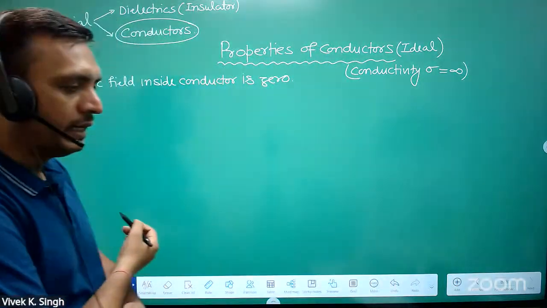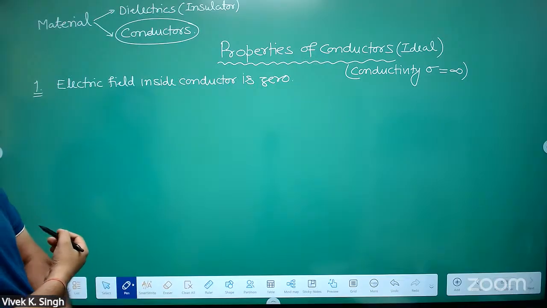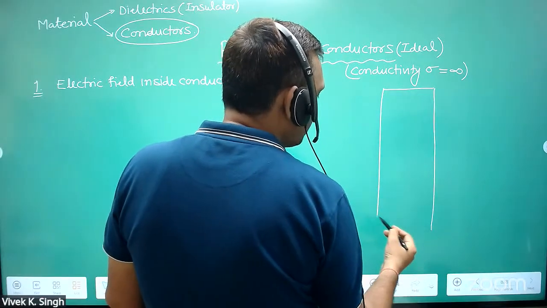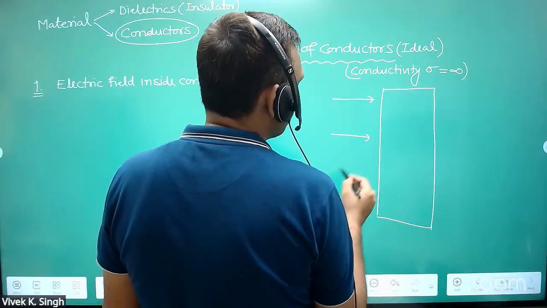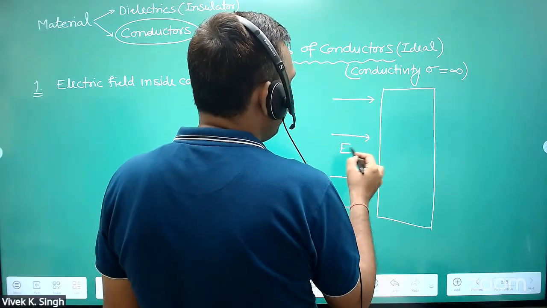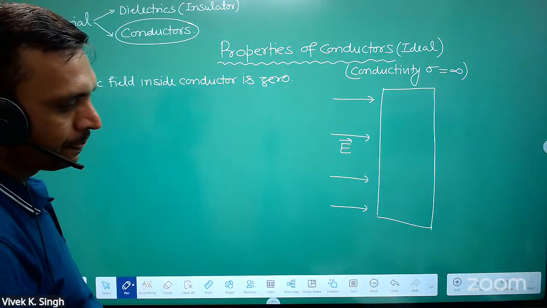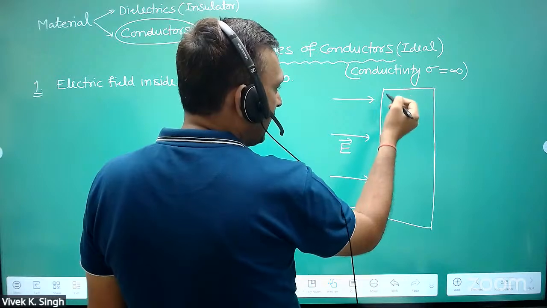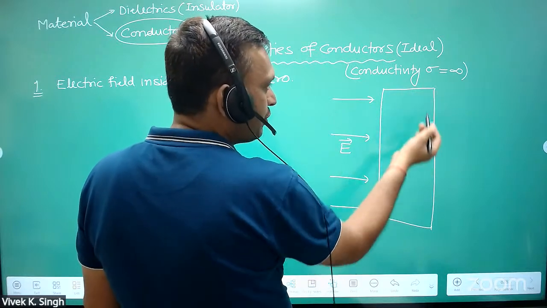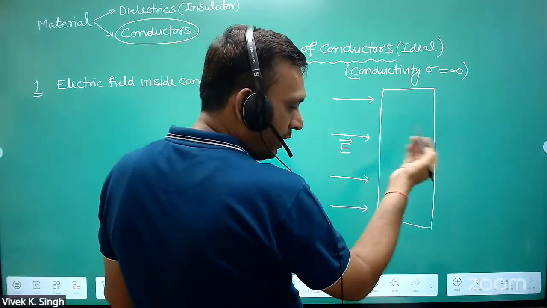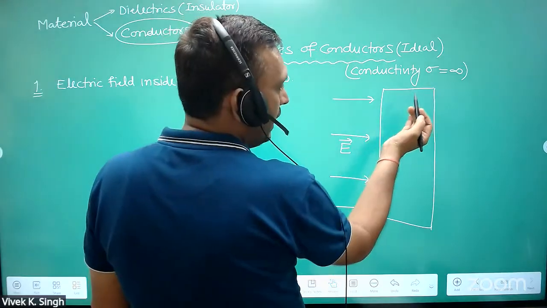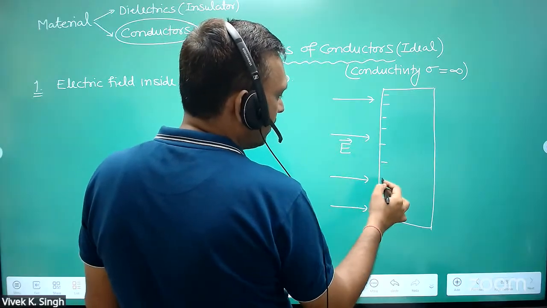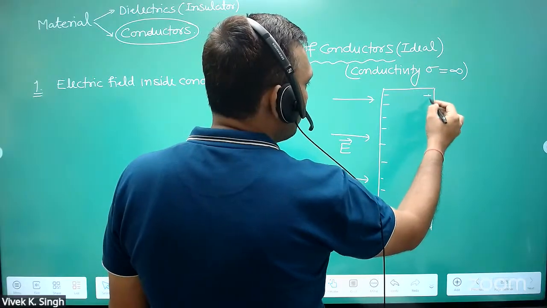So when you place a conductor in an external field, the free electrons from each atom shift towards this side because of the direction of the external field, and the nucleus shifts towards the other side.